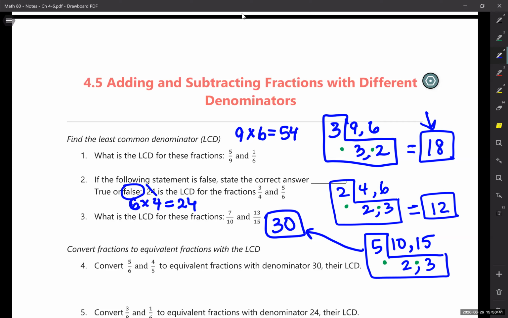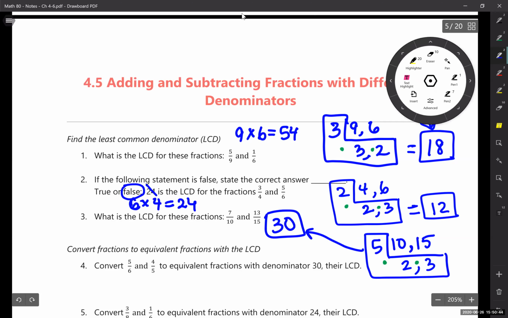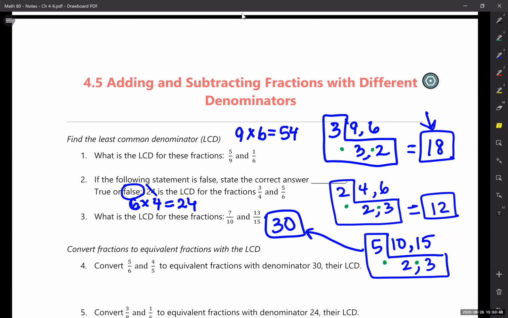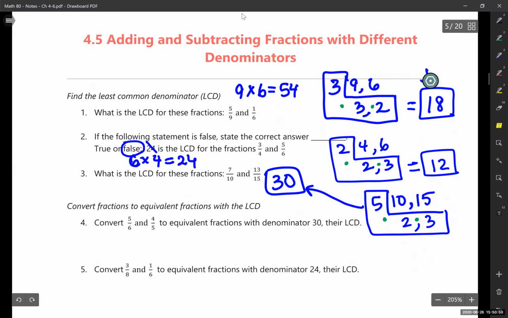All right, now we want to work on converting fractions if they give us the LCD. So number 4, it's telling us that 30 is the LCD. And so what I want to do is make these equivalent fractions, or find fractions that are equivalent to them. So this is a 2-part problem.